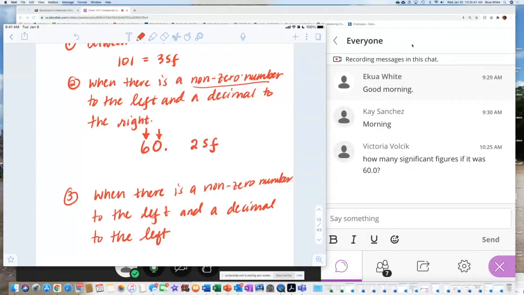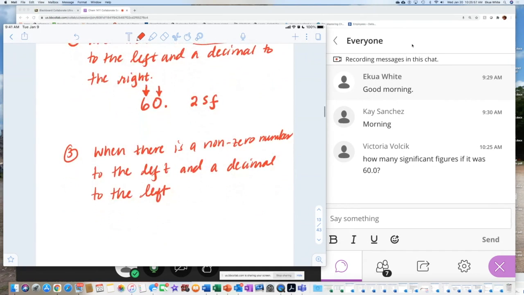All of these are happening to the left, right? Okay, so here I'm not saying that the zero has to be between the decimal and the non-zero number, but I'm just saying somewhere to the left of the zero, there has to be a non-zero number and a decimal, okay? So to answer Victoria's question, I put 6, 0.0 here.